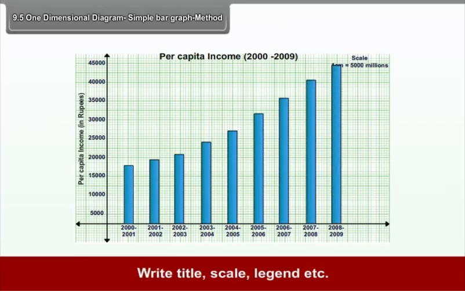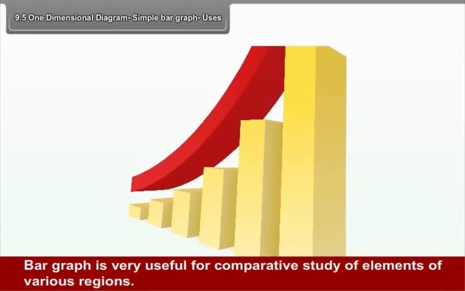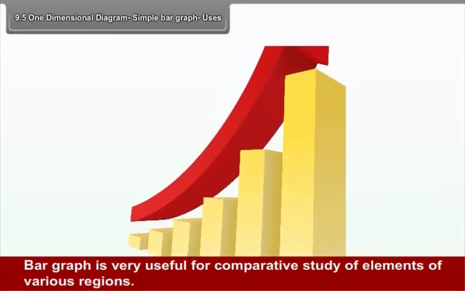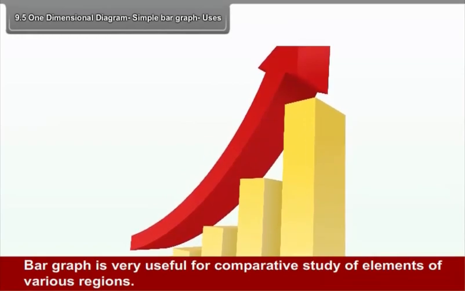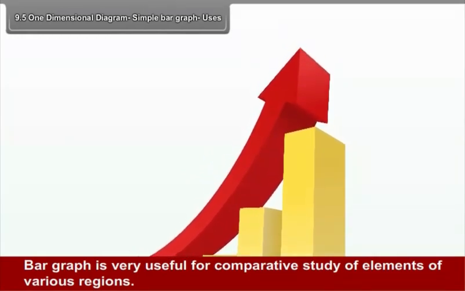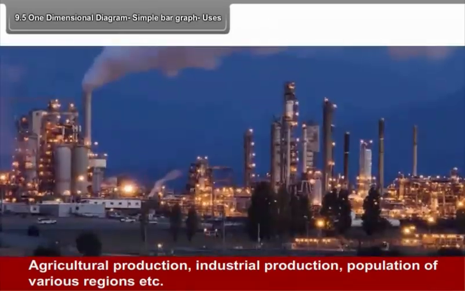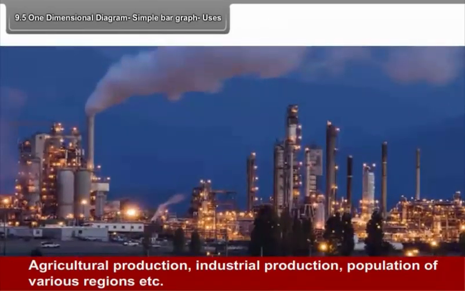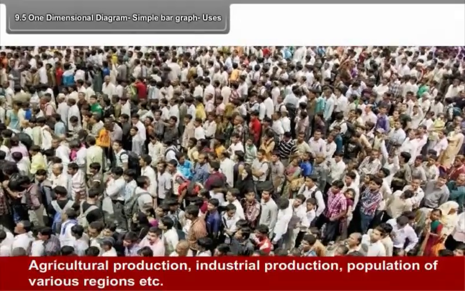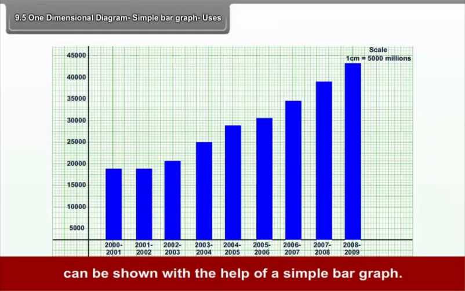Write title, scale, legend, etc. Uses: bar graph is very useful for comparative study of elements of various regions. Agricultural production, industrial productions, population of various regions, etc. can be shown with the help of a simple bar graph.